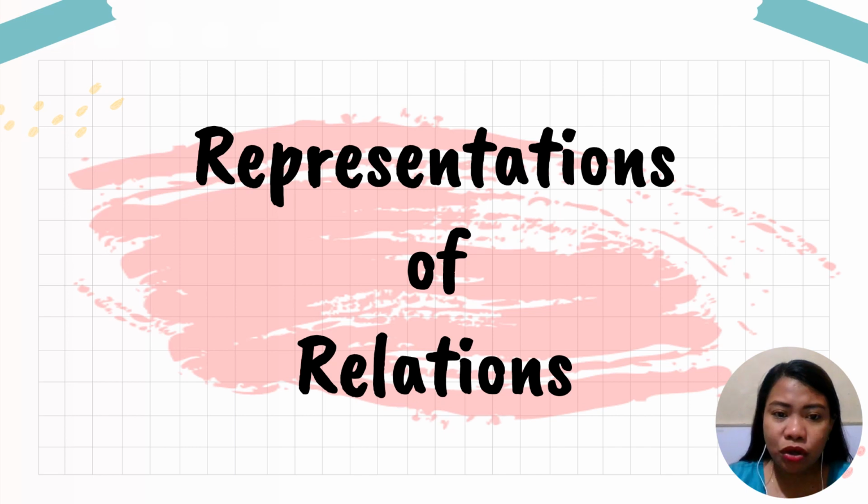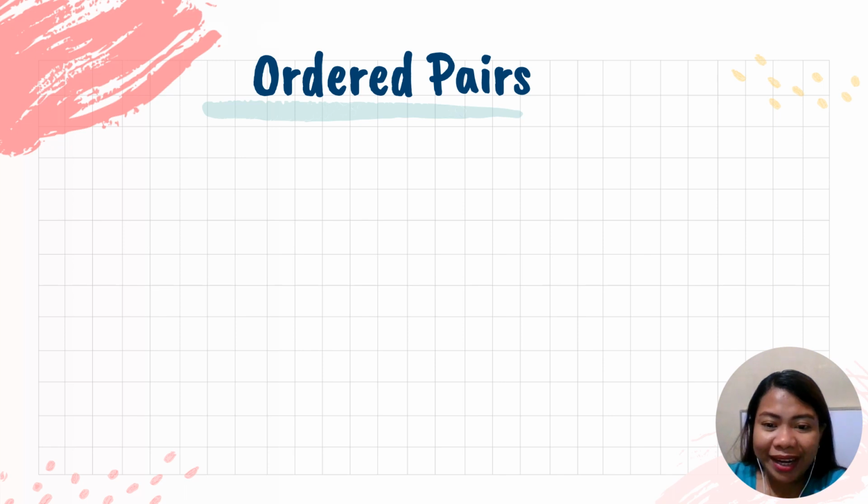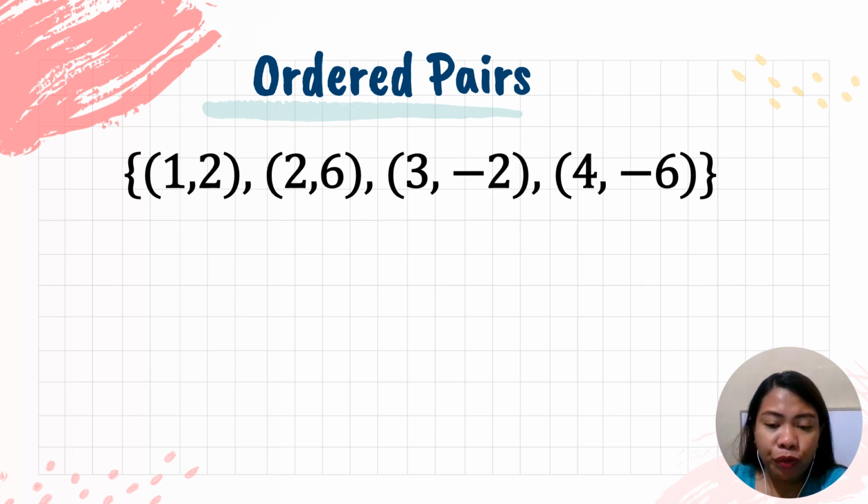Okay, class, let's go to representation of relations. We have an example here, the ordered pairs. So we have four ordered pairs: (1, 2), (2, 6), (3, -2), and (4, -6). We are going to find the value of the domain. The domain are the x coordinates.